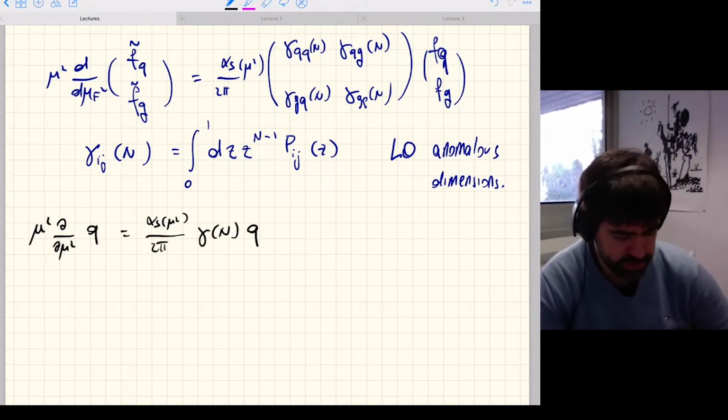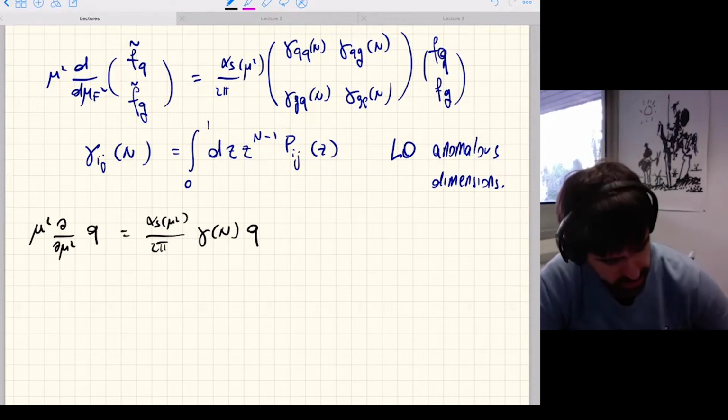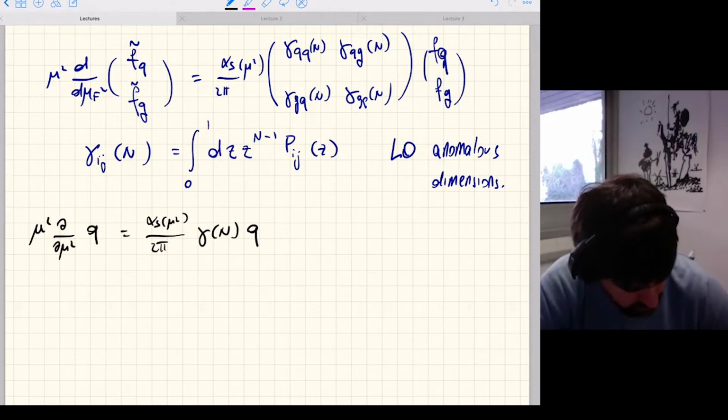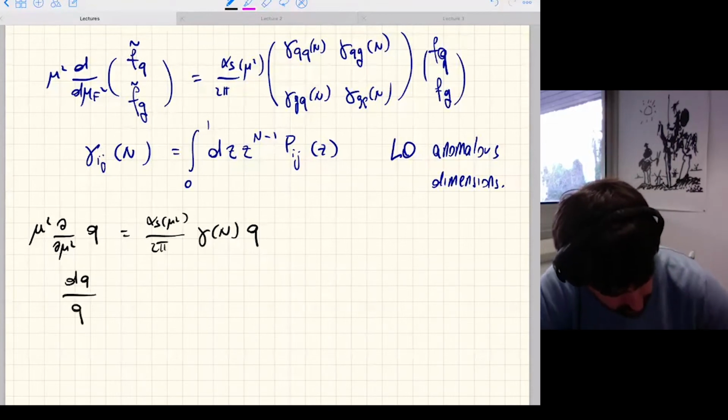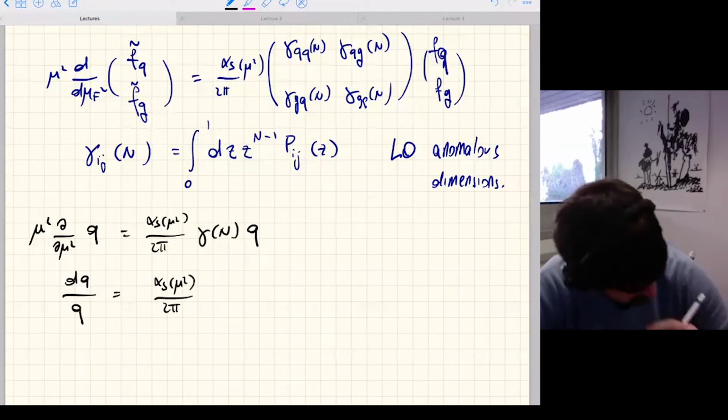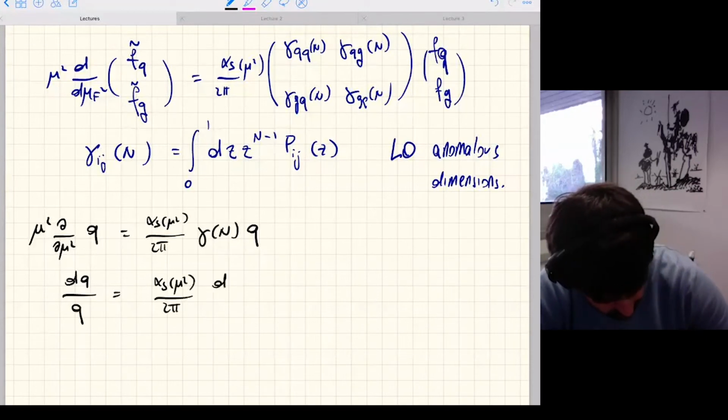Okay, we can solve this by separating the variables. So what we have is dq over q equals alpha s of mu squared over 2 pi gamma n d mu squared.